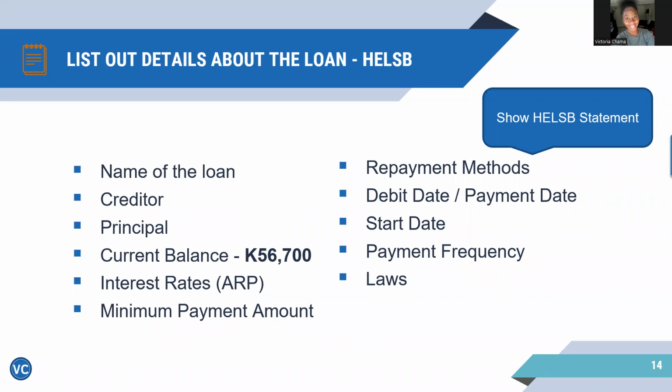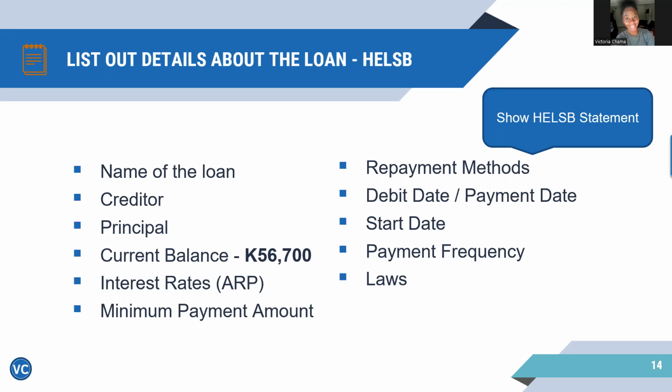Secondly, you need to know the creditor, who you are paying. In this case, because it is the government, it is essentially the government of Zambia through a directorate or the ministry that facilitates this. Thirdly, the principal: you should know how much you are getting.